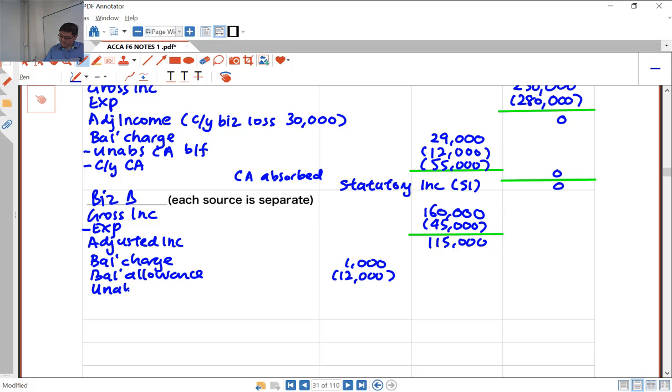Right, then we have the unabsorbed CA brought forward, which is 30. Then you have your current year CA, which is 16. Right, so my CA absorbed in this case will be the full amount of 57, sorry.